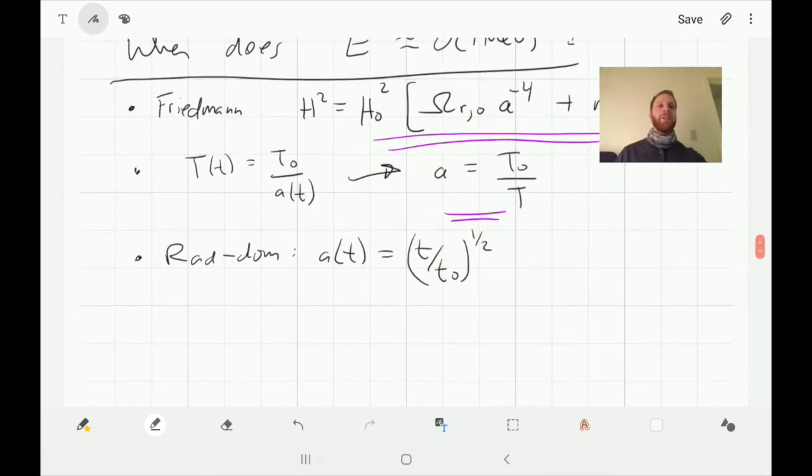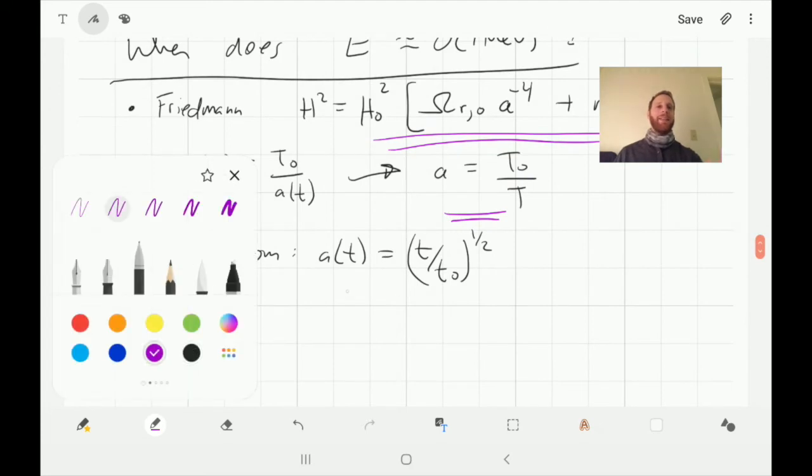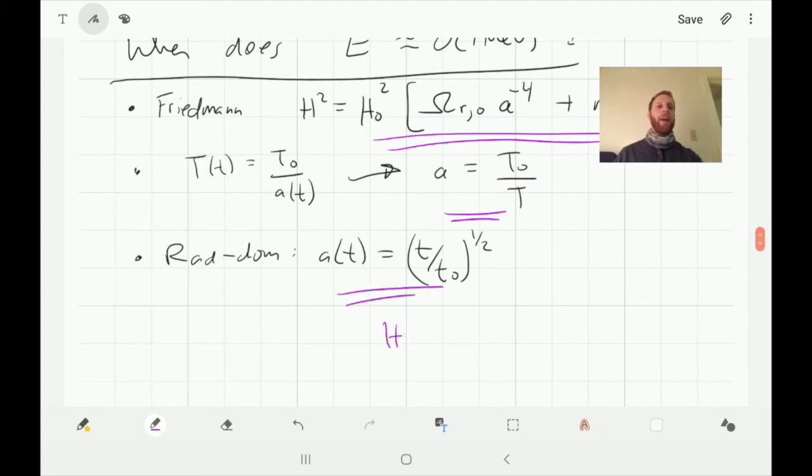The significance of that is that the Hubble parameter at that time is given by a dot over a, and it's quite simple to verify that this is equal to 1 over 2t, where t is the time since the Big Bang. Assuming that it was radiation domination all the way back to the time of the Big Bang. Well, there's a little bit of a caveat there.